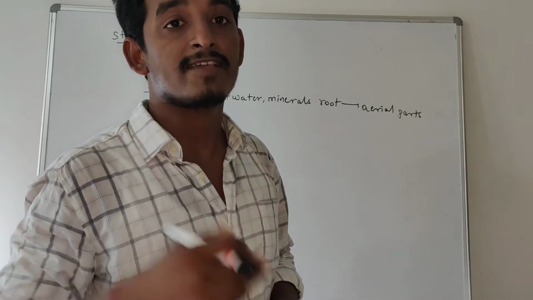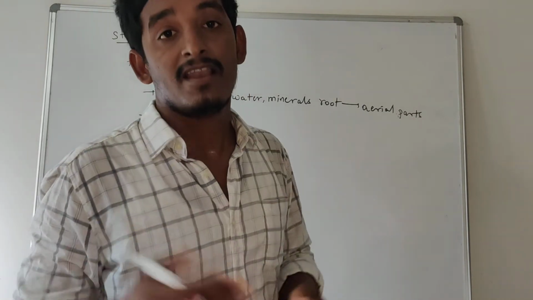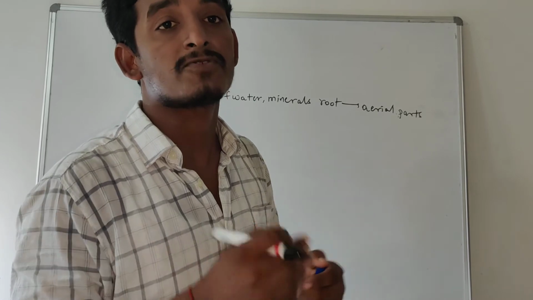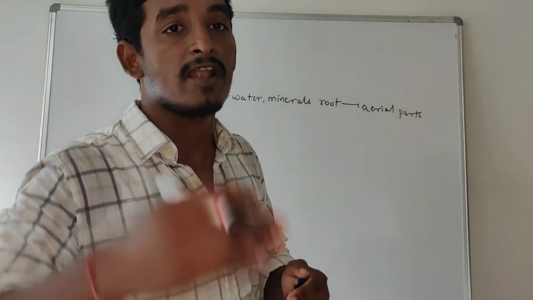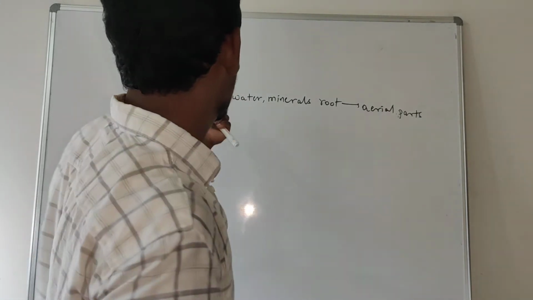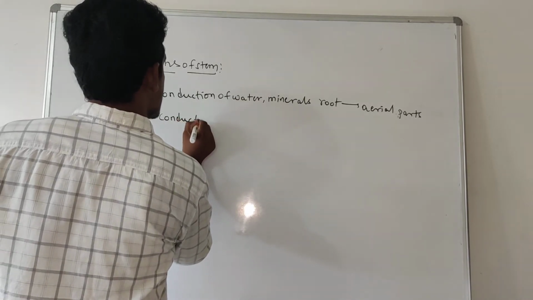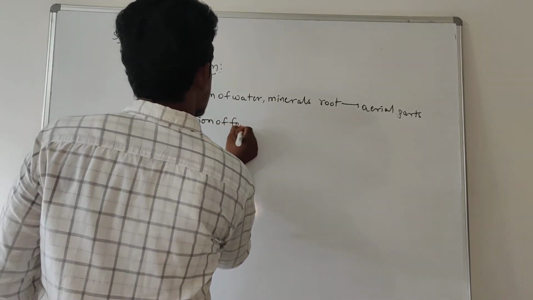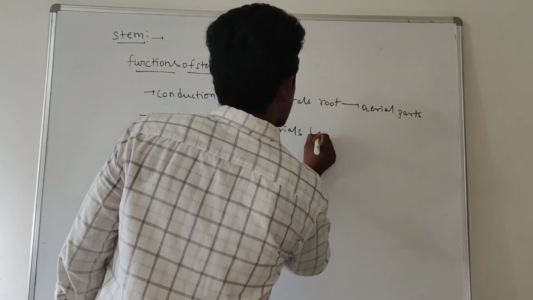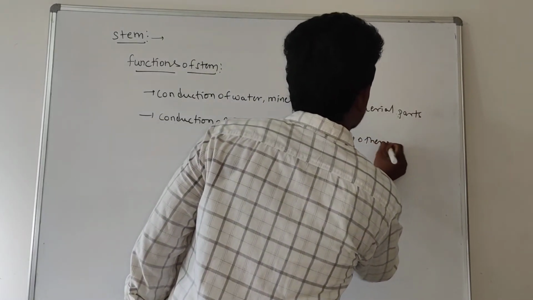The food material is prepared in the leaves, which can synthesize food by the process of photosynthesis. Later that food material should be transported to the remaining parts, with the help of the stem only. So, conduction of food materials from leaves to other parts of the plant.